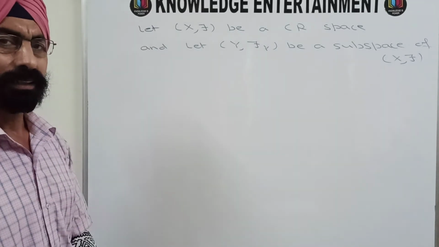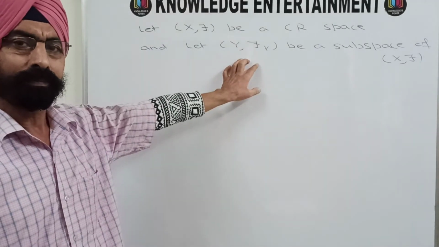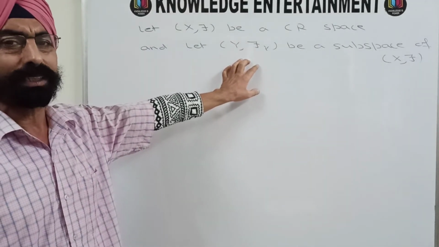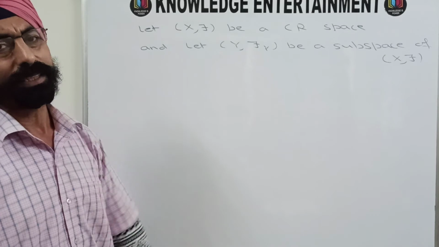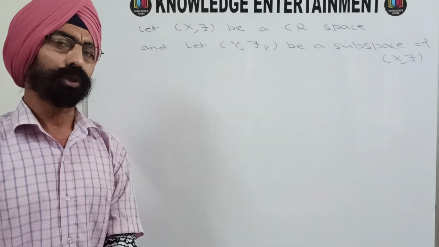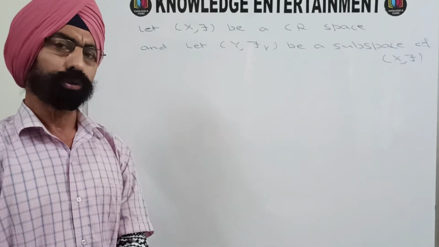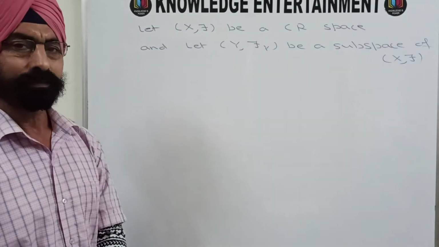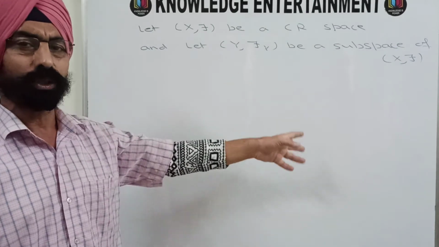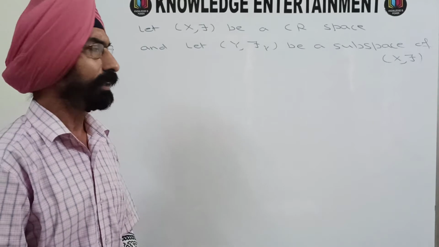For that, from where we have to start? We will take one closed set here and a point not belonging to that particular set, and then we will try to find a continuous function from Y to the closed interval 0, 1 as a relative subspace of usual topology such that the image of that particular point is 0 and the image of every point of that particular closed set is 1.